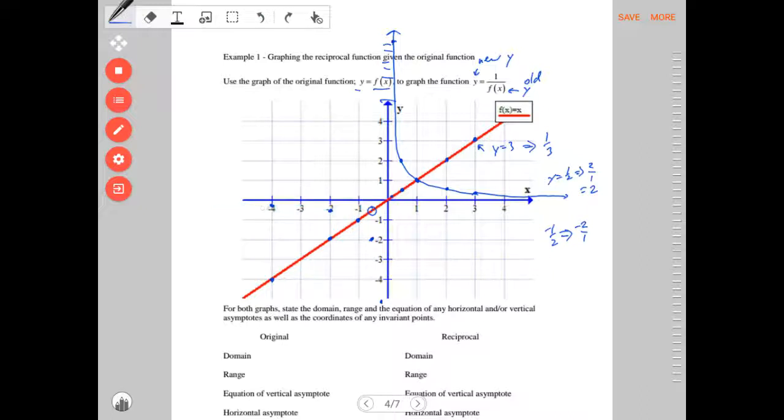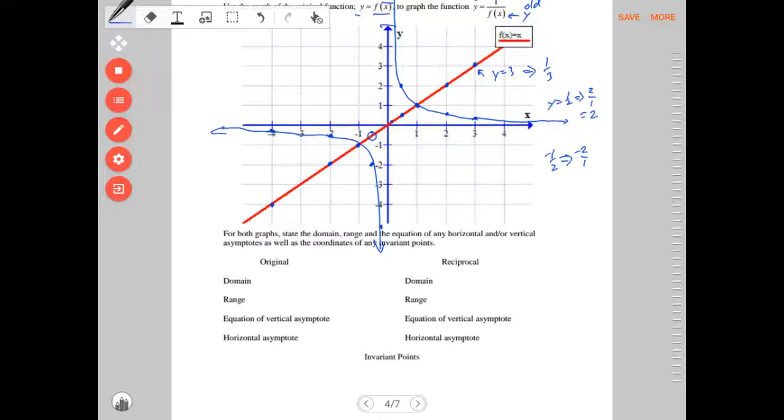See if you can just draw that a little better, Mr. V. Okay, here we go. And then down, down, down, down. Kind of like that. So you can see that there's a horizontal asymptote on the x-axis, and a vertical asymptote on the y-axis.